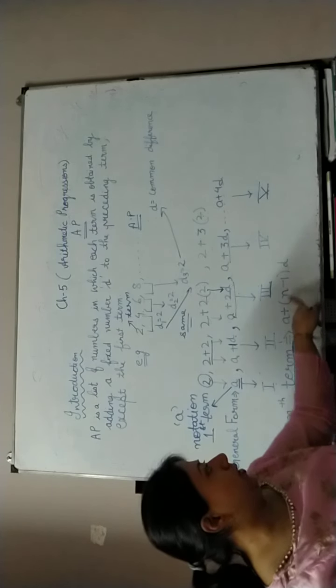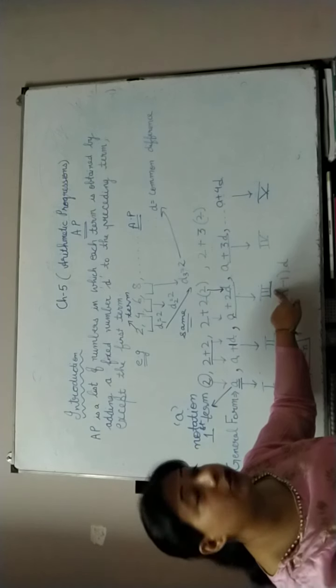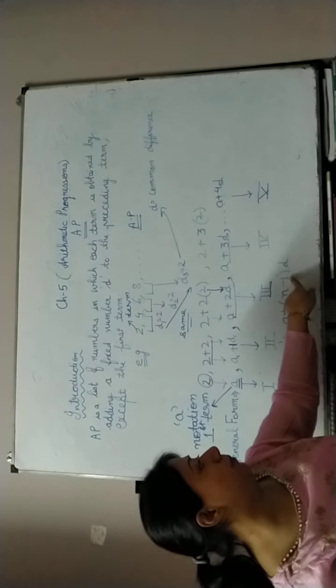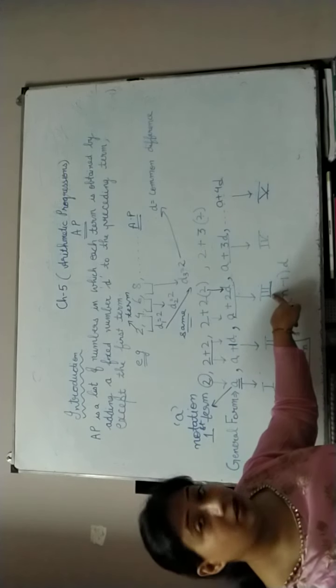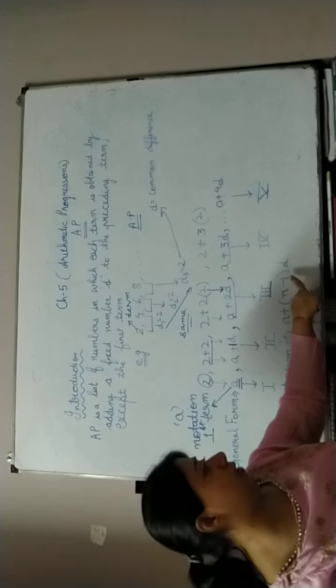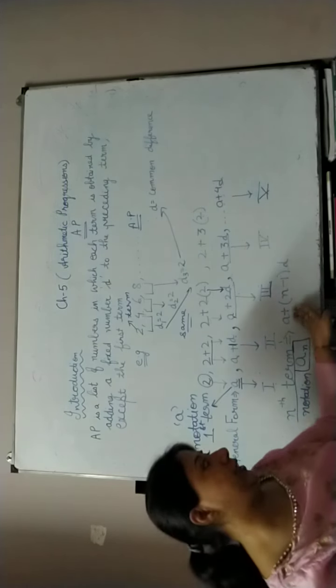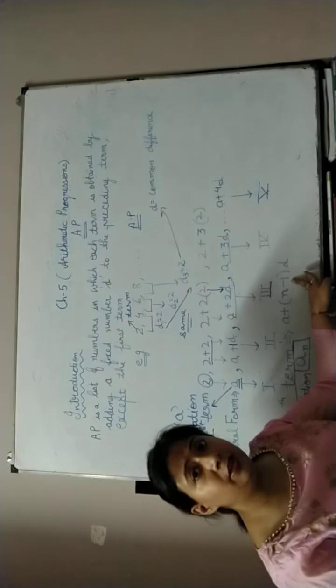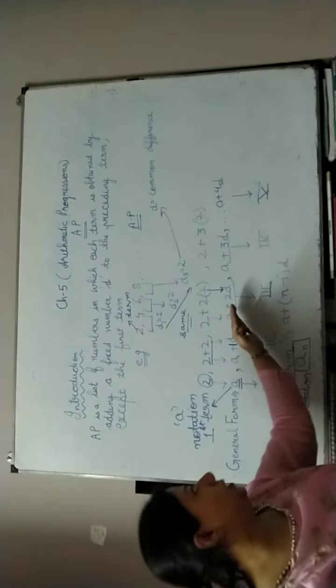It is A plus the number of the term I am calculating minus 1, into d. That is, A plus n minus 1 into d. If I am calculating the fifth term, it is A plus 5 minus 1, that is 4d. So this is the generalization.